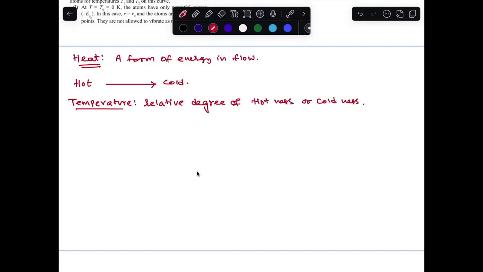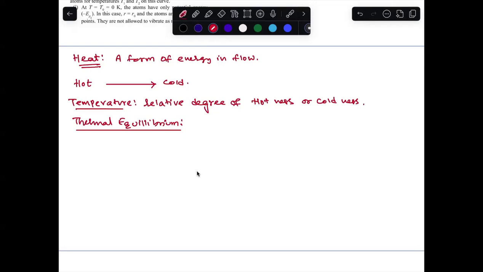So therefore, one more important point is, when I say thermal equilibrium, I say that two bodies are in thermal equilibrium under only one condition: I don't see any net transfer of heat between them.